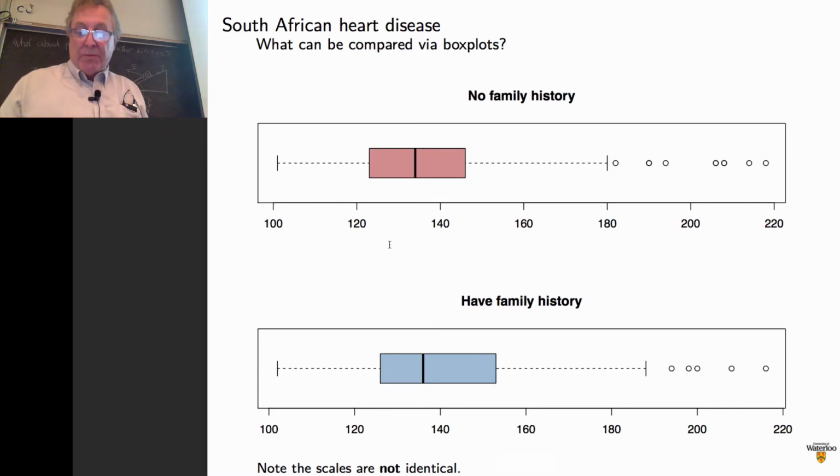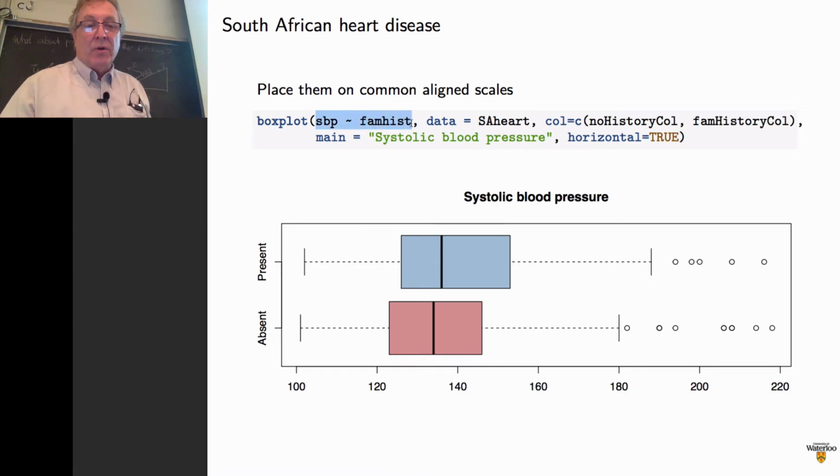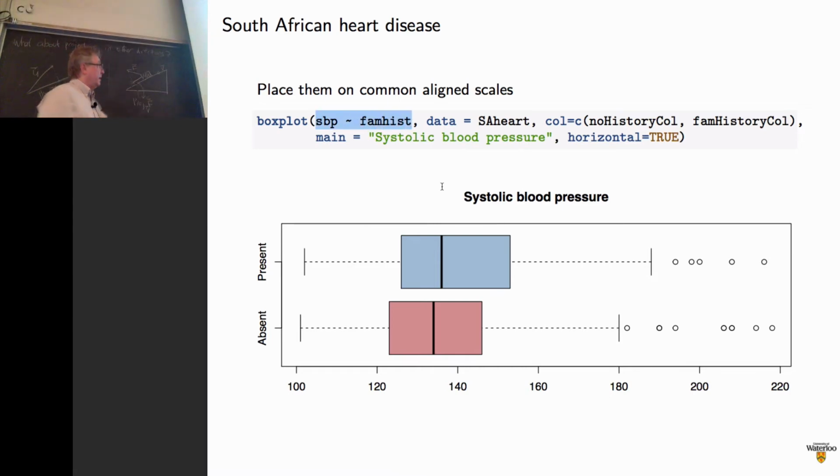So that's two separate box plots. It's simple to put them on the same box plot, and here we're using R's formula to explain it. So I've got a data set that's the SA heart, and I want to model systolic blood pressure as a function of this factor called family history. So that model knows that it's got two different factors, and we'll draw the appropriate box plot.